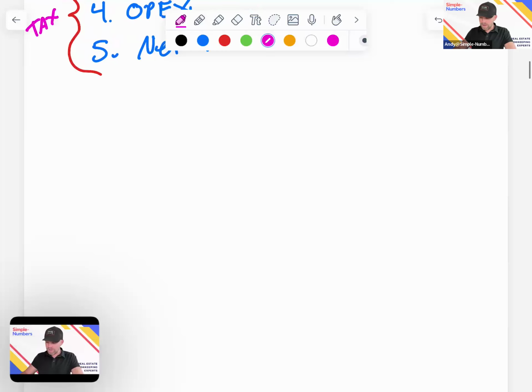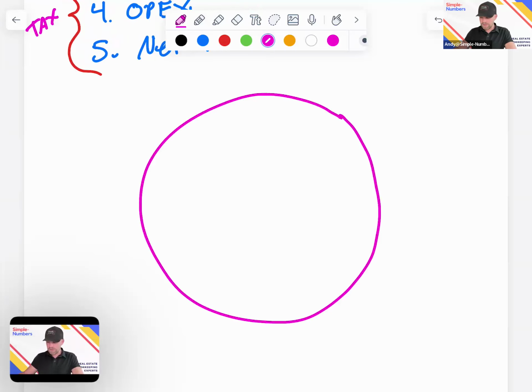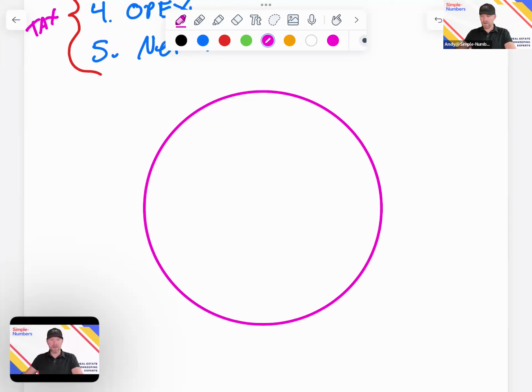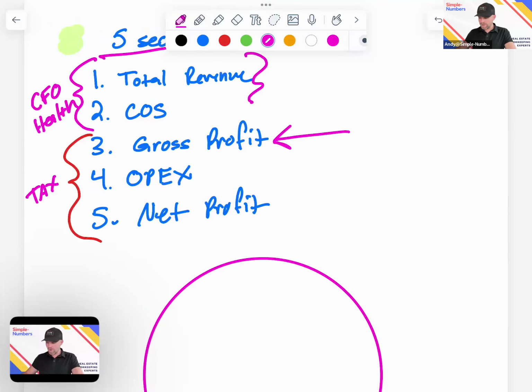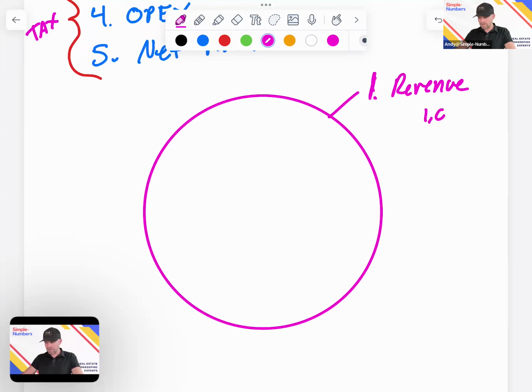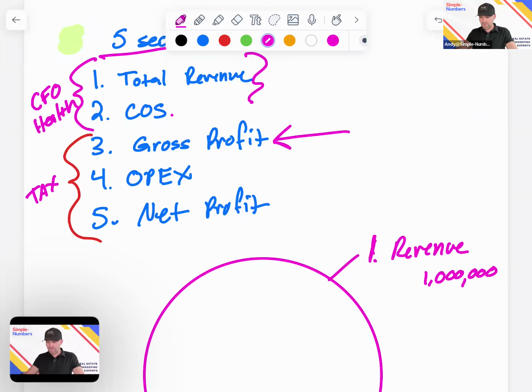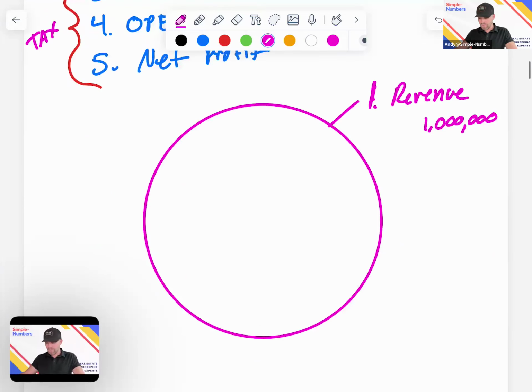I want you to think of it visually this way, like a pie. The pie is number 1, total revenue. That's the pie. So maybe it's $1 million. Maybe it's 10 million, doesn't matter. But the pie is the total money that the business generated in revenue. Then we have number 2, the cost of sale.